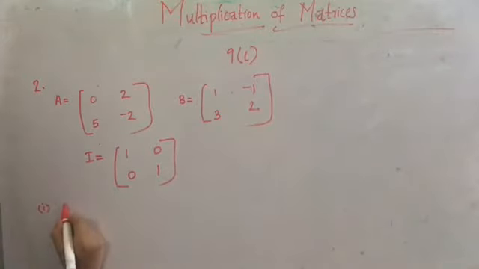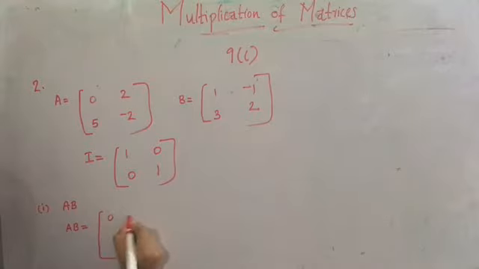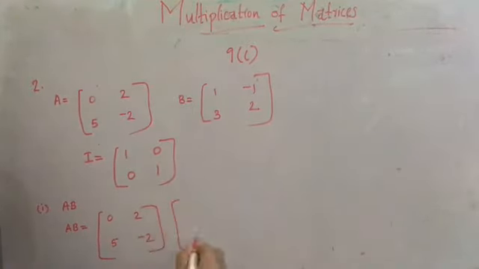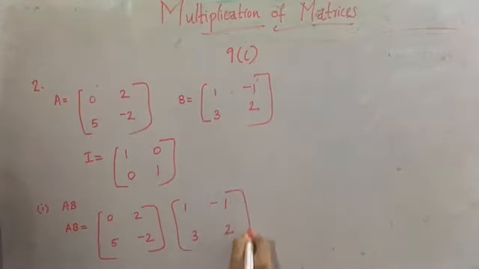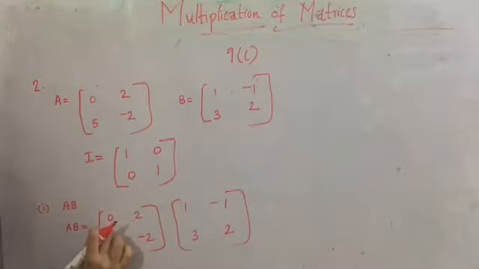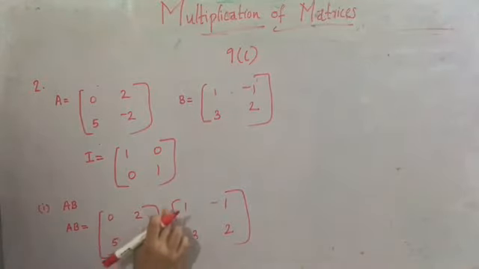It's given as AB. Similar to the previous example, we will be doing AB. Just carefully look into it. 0, 2, 5, minus 2 into 1, minus 1, 3, 2. I will be starting with the first row into the first column.